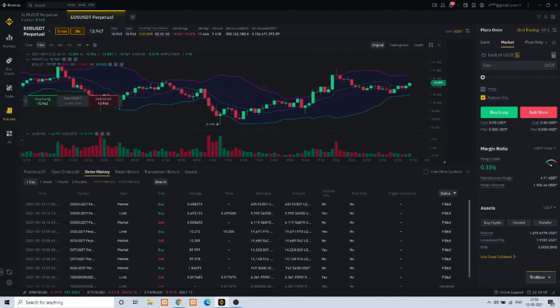Again, EOS had a gap on the depth, not too much, but a little bit. So I had to key in the large number, which was 10.3, and it got filled in a pretty sweet deal at 10.272. So this was our EOS setup.